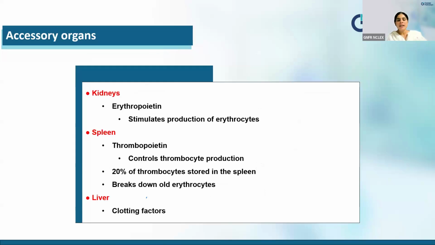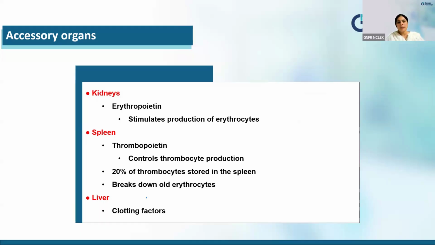So the accessory organs are the kidney, which produces erythropoietin and stimulates the production of erythrocytes. In the spleen, what happens? Thrombopoietin controls thrombocyte production. 20% of thrombocytes are stored in the spleen, as we know, and it also breaks down old erythrocytes.